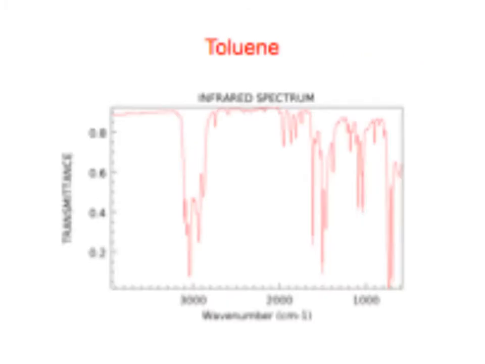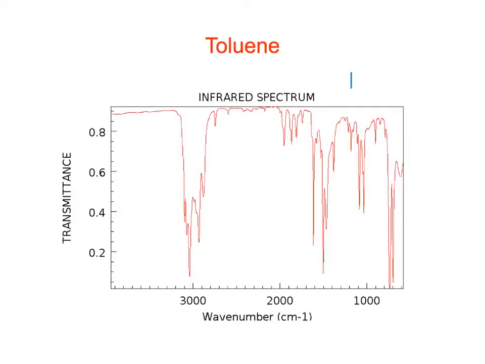All right, we can also have alkenes in benzene rings. Right, so this is toluene. All right, and so we see a much more complicated carbon-hydrogen stretching region.